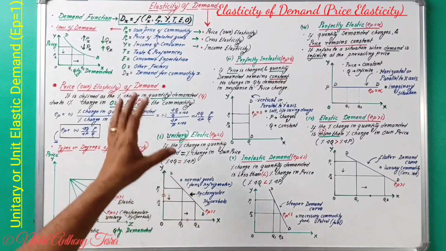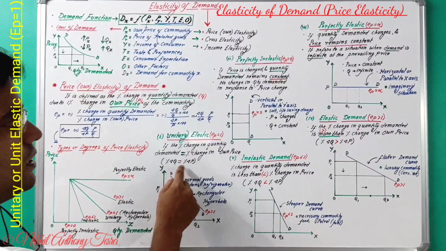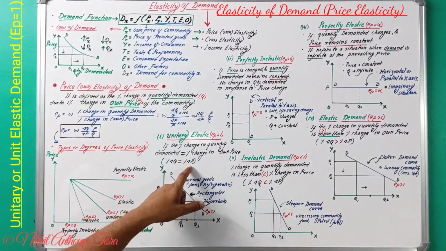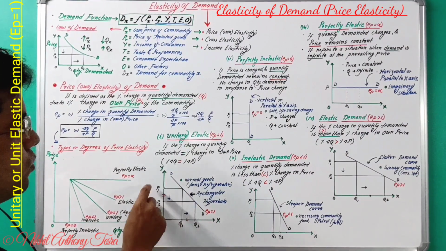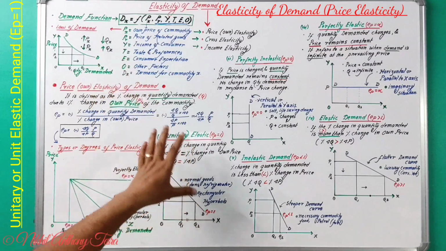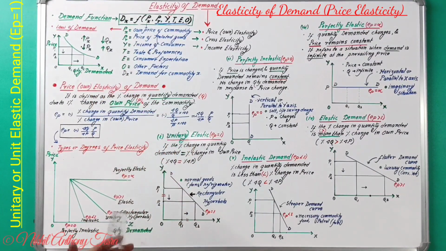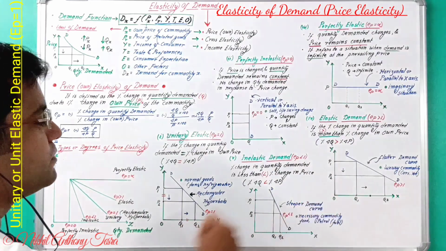So I repeat, for unit elastic, the percentage change in quantity demanded is equal to the percentage change in price. Okay friends? So this is going to be your unit elastic. Now friends, just concentrate on Q2. The Q2 is a game changer.